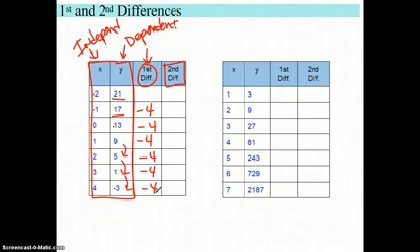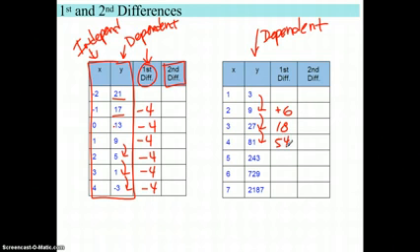Not in every situation will the first difference be constant. In this case, it just happens to be. Let's explore this case over here. Again, I'm going to focus on just the dependent column for my table of values. To go from 3 to 9, I am adding 6. To go from 9 to 27, though, now I've added 18. To go from 27 to 81, I've added 54.